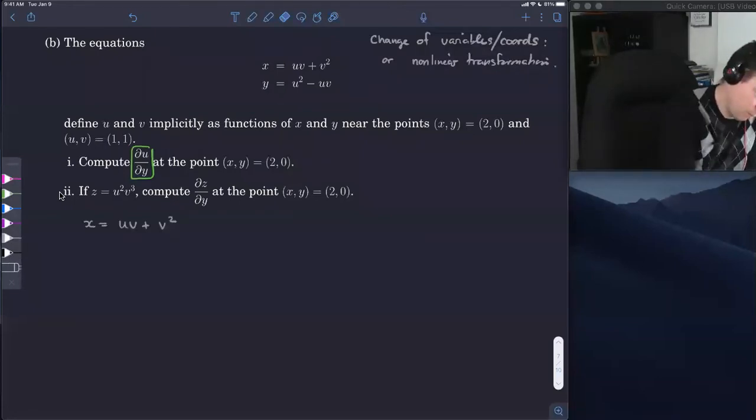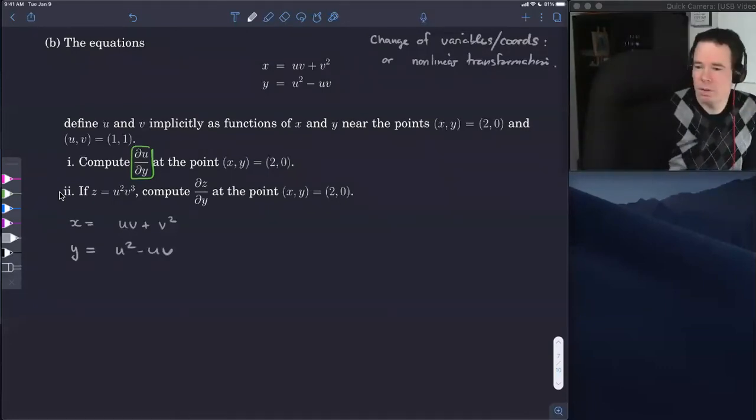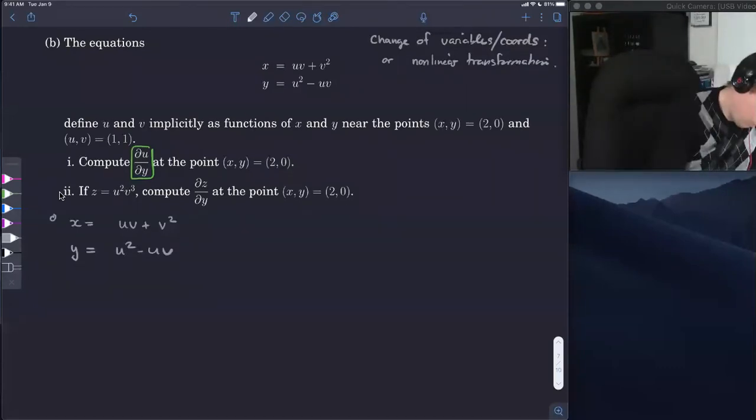I'm going to make a little bit of room in front of it by moving that over. And I have another equation, y is equal to u squared minus uv. Those are really the only two things I have. And I'm interested in y derivatives. So let's go ahead and compute the y derivatives of these things. After all, they're the only two things I know.